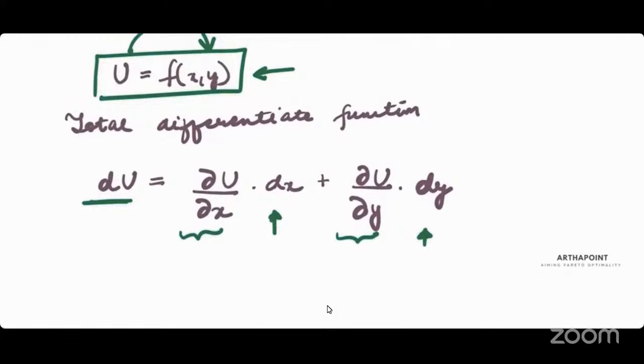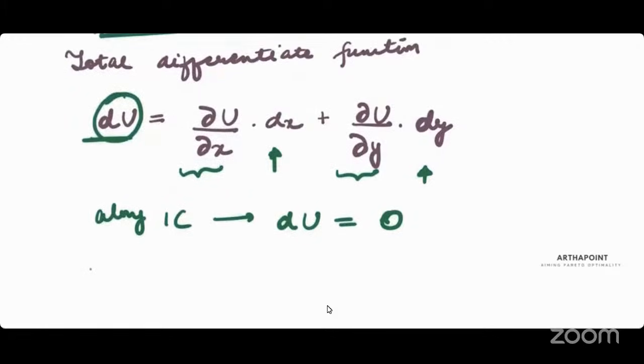Now, along an indifference curve, there is no change in utility. We had held utility constant. So my du becomes 0. This part right here is how utility changes when x changes, and this is known as marginal utility from x.